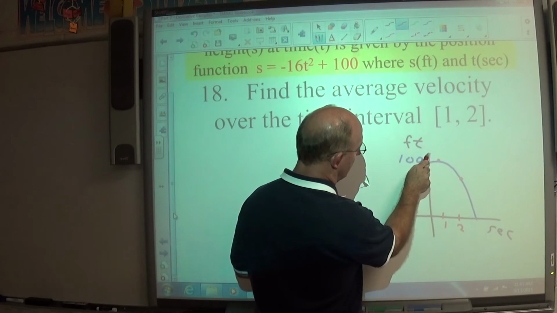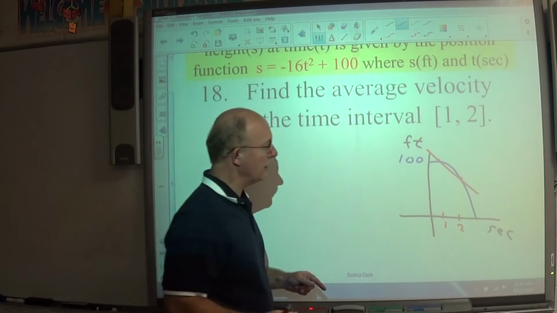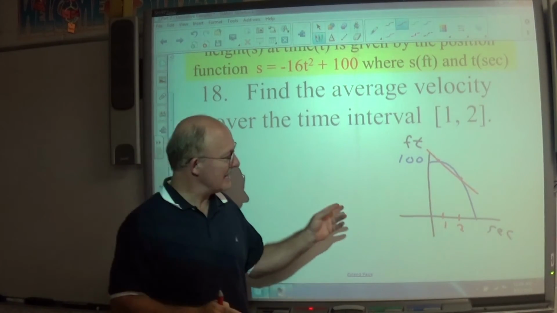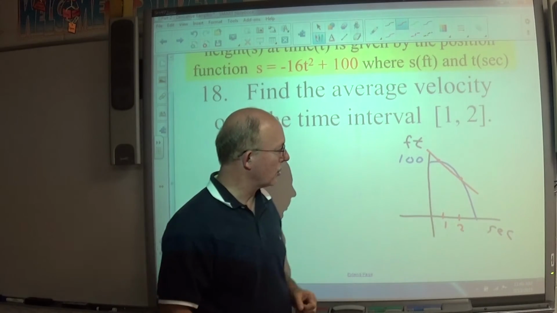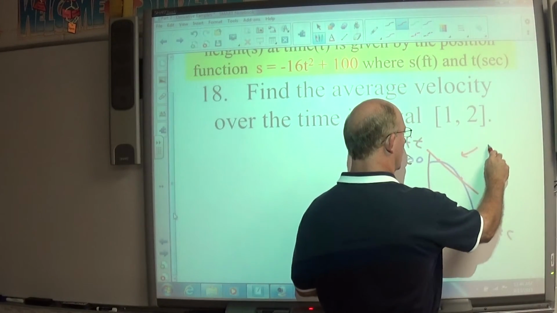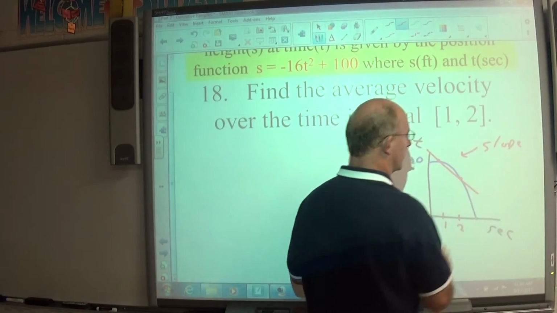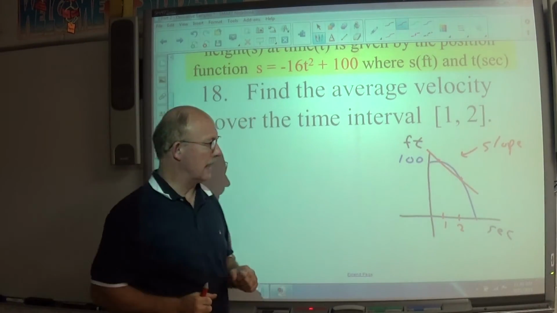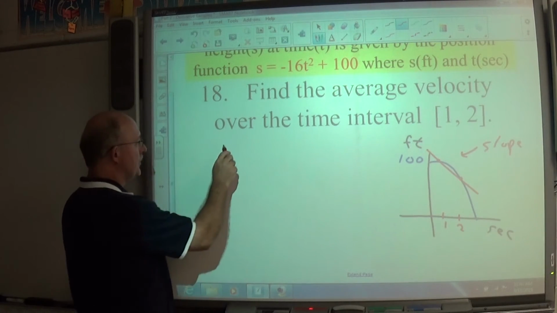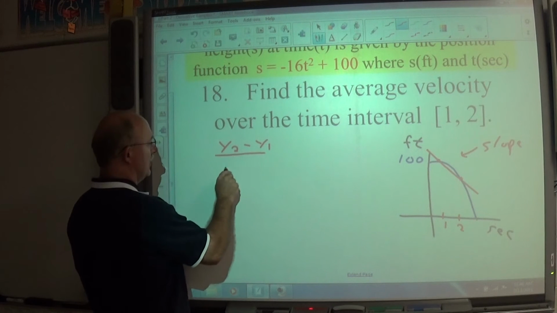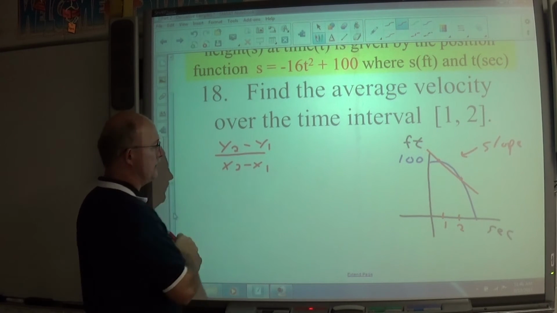So when you get the average velocity, the average velocity is simply the slope of the secant line on your time distance curve from 1 to 2 seconds. All we're looking for here is the slope of our secant line. Remember, the slope is simply y2 minus y1 over x2 minus x1.